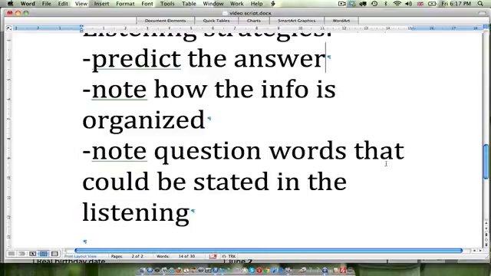So for example, if some of the words are in a list and we're asked to choose maybe 2 or 3 items from that list, if that's the question type, to choose from a list, often these words will appear exactly as they're written in the listening. So we don't have to go searching for a synonym or anything like that. Often the words will be exactly as they're listed. And so we want to practice this identifying strategy in the listening today.